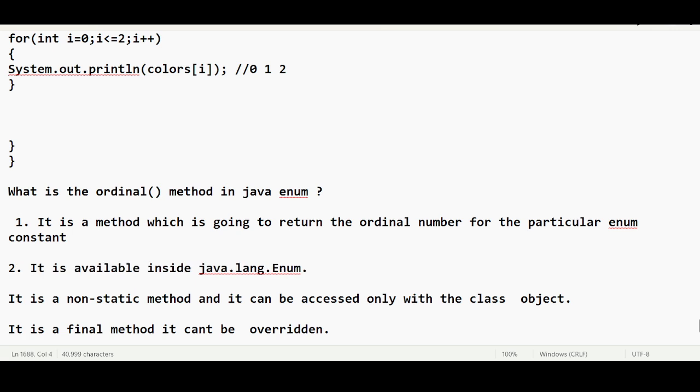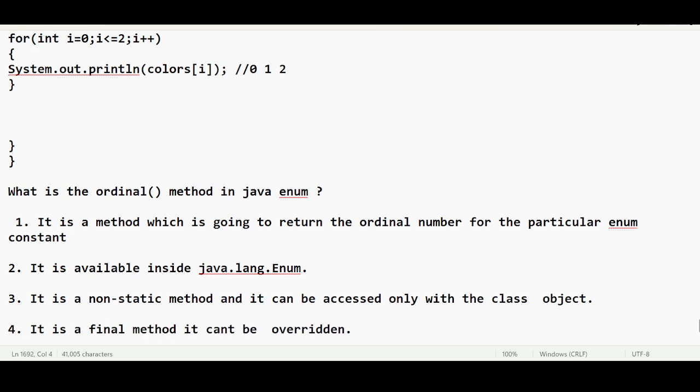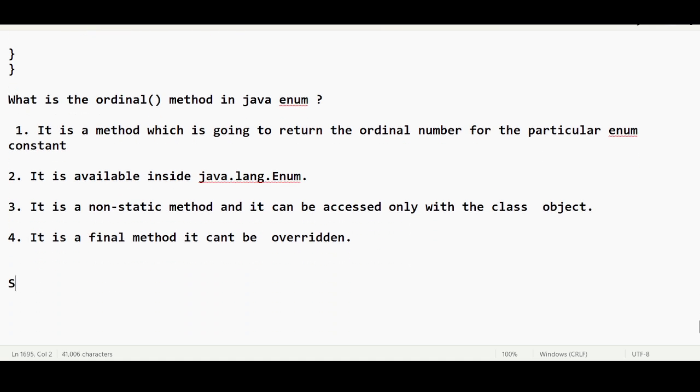So what is the benefit that we are going to get by using this ordinal method? Very simple. Let us understand how to call the particular enum on top of this ordinal method. The syntax is like this: public final int ordinal.